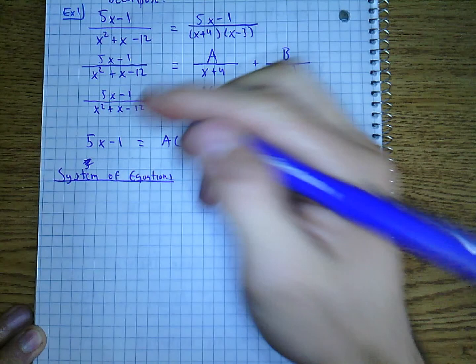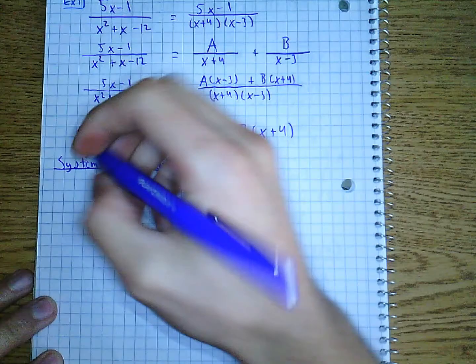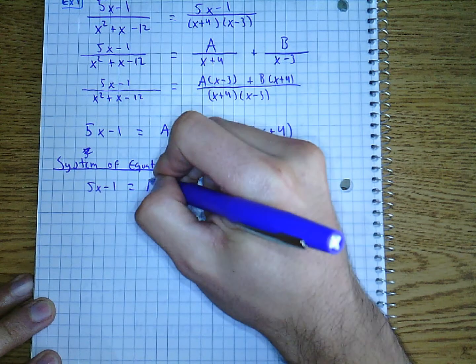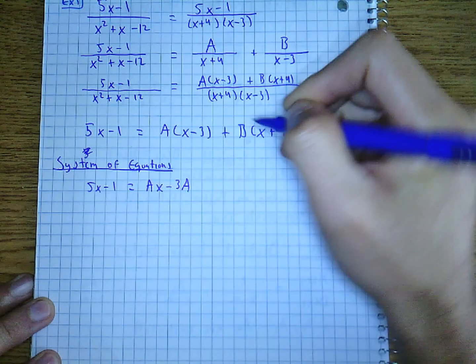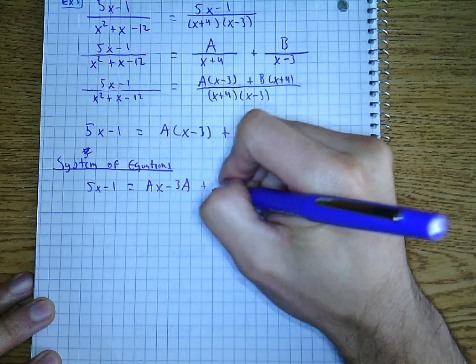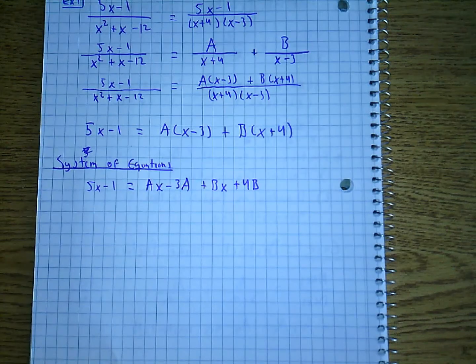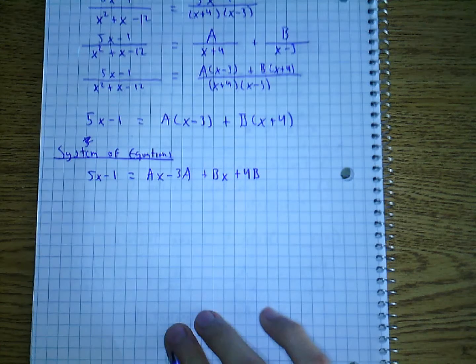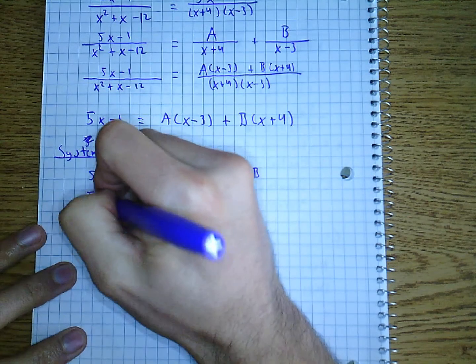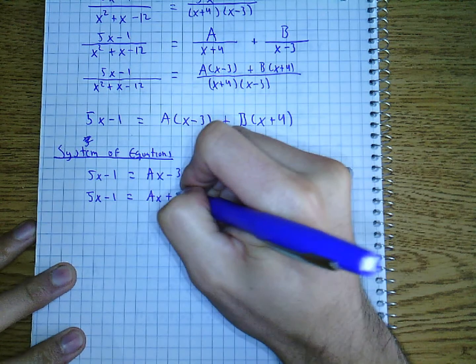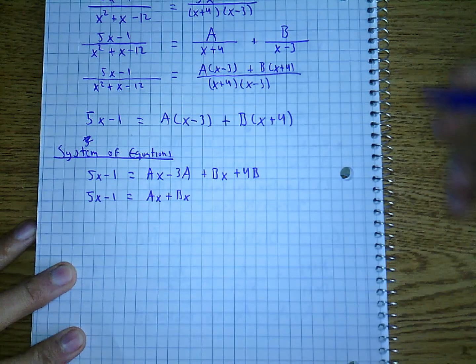So first, I'm going to distribute the A, so it'll be Ax minus 3A, and then plus Bx plus 4B. Are we okay with that? Now, second step, I'm going to rewrite this in order. So I'm going to have Ax plus Bx minus 3A plus 4B.